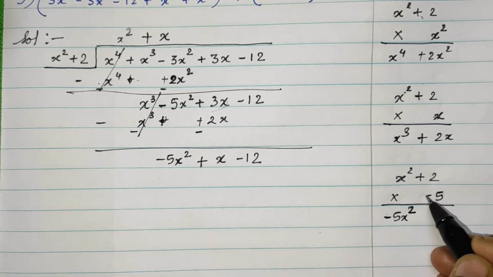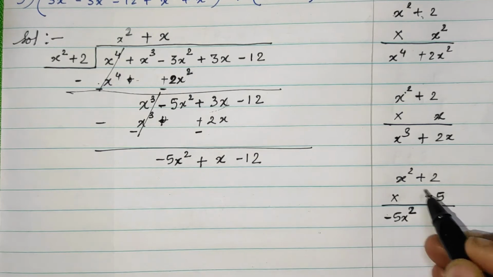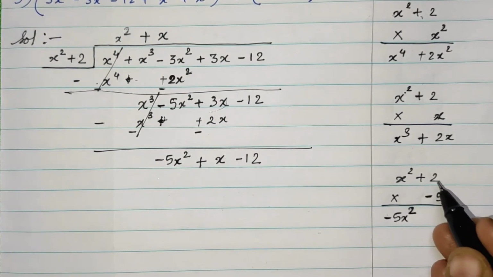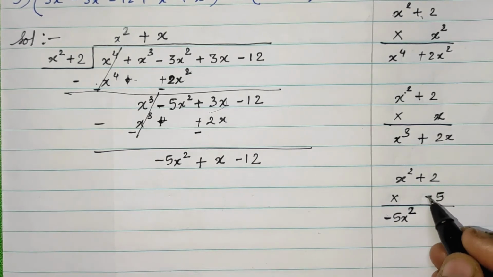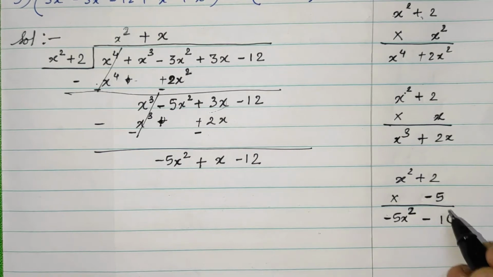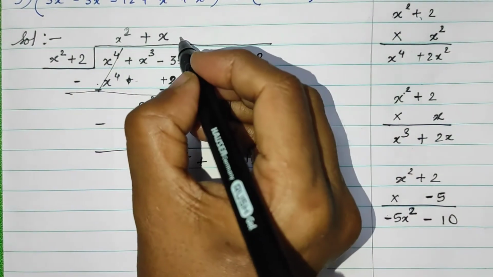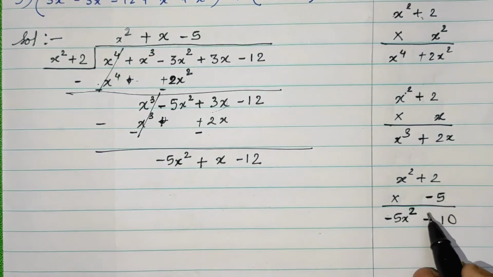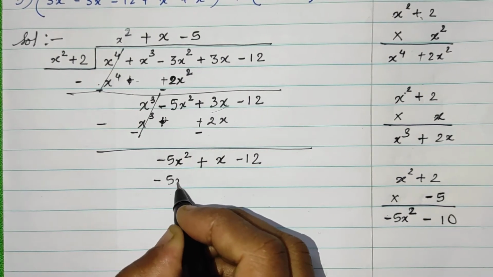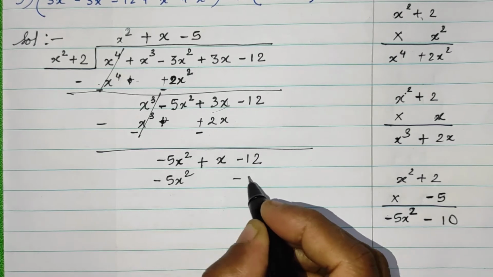So you have to take minus. So minus into plus minus, 5x square. And then minus into plus minus, 5 2s are 10. So minus 5x square and minus 10.